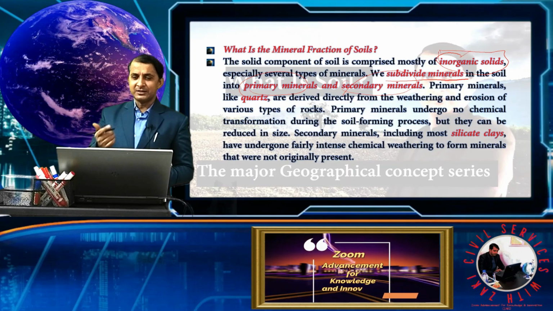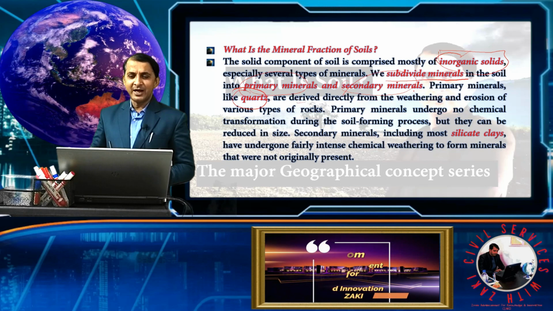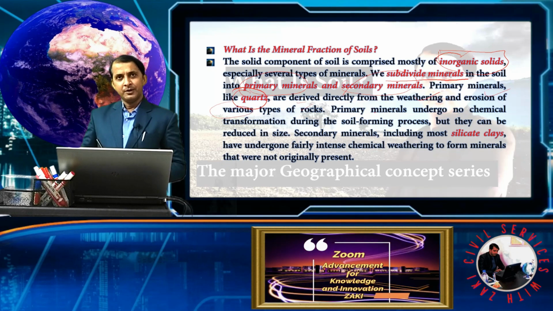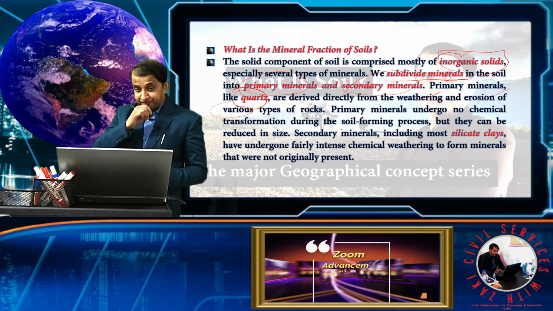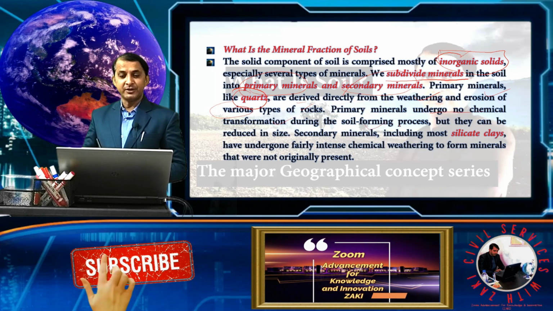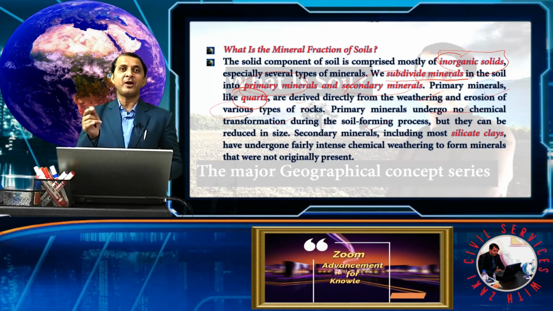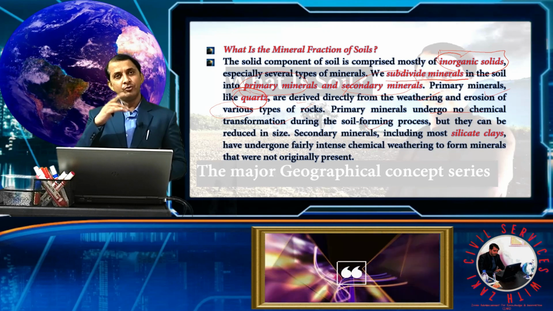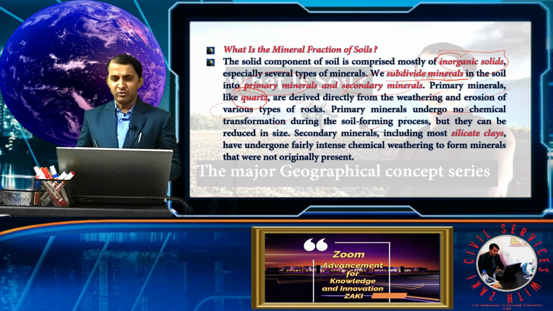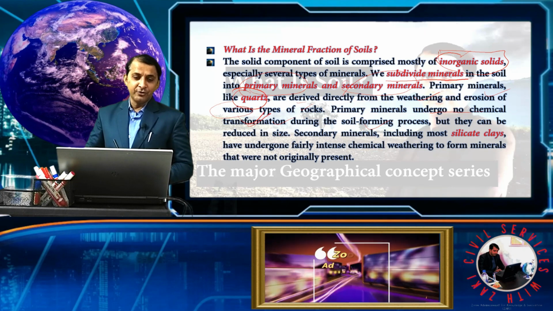So what is primary and what is secondary? Primary minerals, like quartz, are derived directly from the weathering and erosion of the various types of rock. Primary minerals undergo no transformation during soil formation. So primary minerals do not go through chemical transformation, but they can reduce in size.